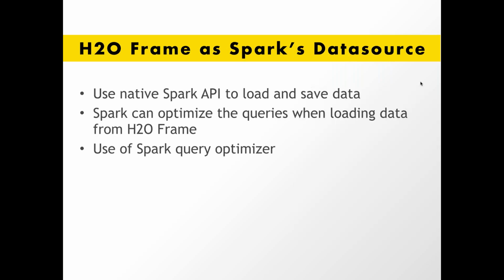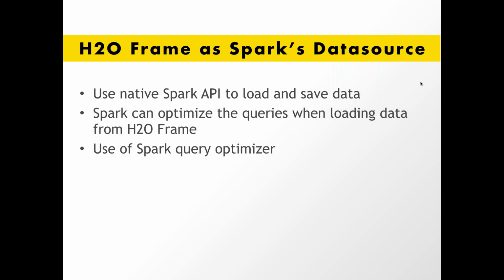The other feature is that we can also work with H2O frames as Spark data sources. This has several advantages. Basically, when something is a Spark data source, it means that we can load data from it using the Spark Session API, which is a really simplified API for loading data from different sources. And it is also using the advanced Spark query optimizer.